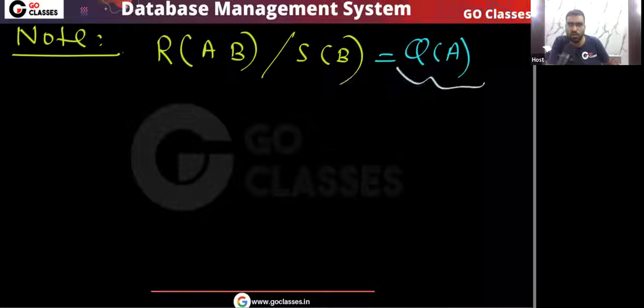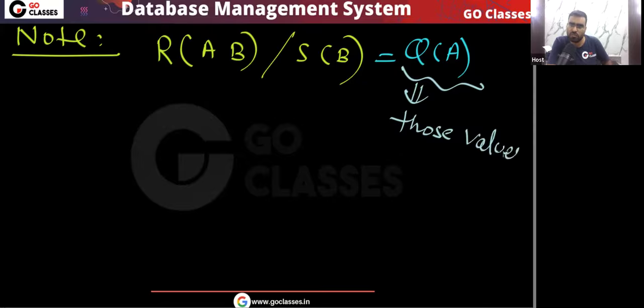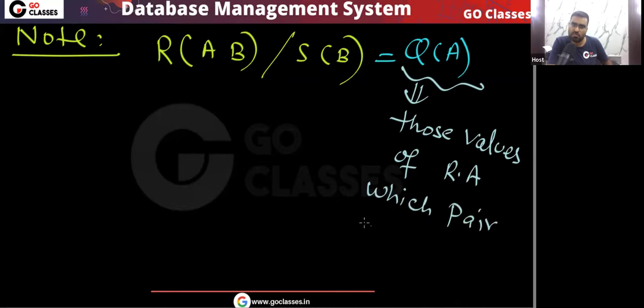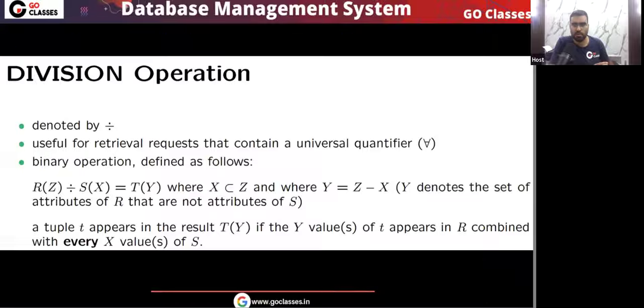In this quotient, we have those values of R dot A which pair with every value of S dot B. Okay, which pair with every value of S dot B. That's it. So this will be your answer. Every value which pairs with all values of S dot B.